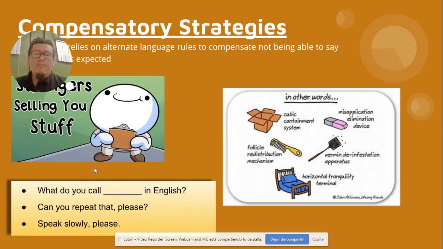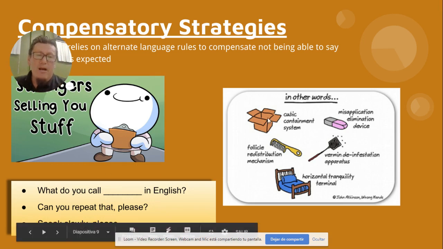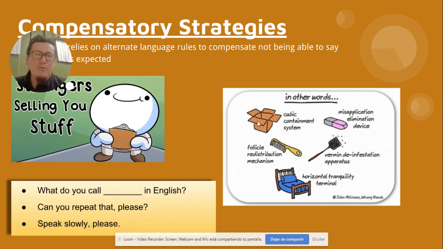And also, here's one last example of using expressions to describe something that I don't know the word of. So, for example, instead of saying box, now this is somewhat of an obtuse example, but say it's a cubic containment system, which is a box.